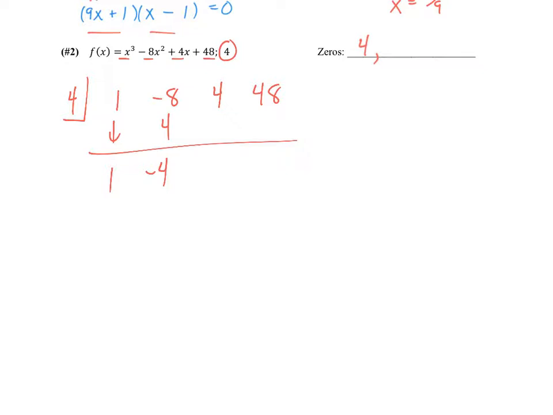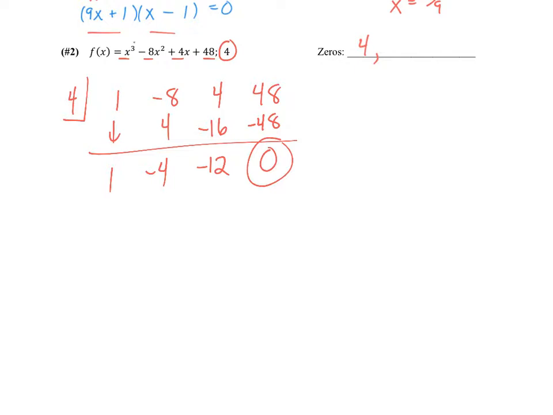When we add those up, we get negative 4. 4 times negative 4 is negative 16. If you add those up, you'll get negative 12. Okay, and then 4 times negative 12 is negative 48. And when we add those up, we get 0. That's what we should get because they told us that 4 was a 0.